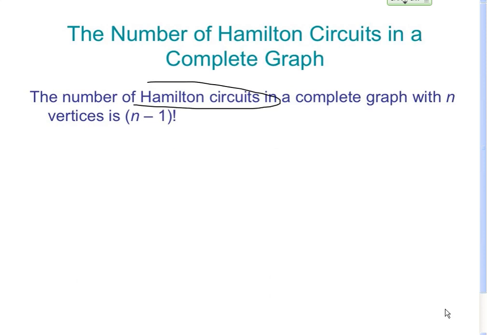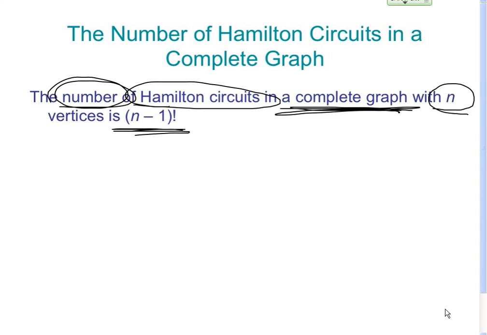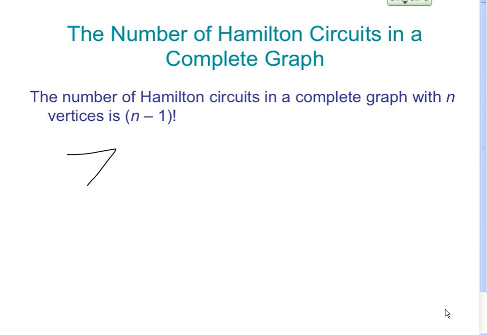The number of Hamilton circuits, if we were to count up the number of Hamilton circuits, as long as we have a complete graph with n vertices, then the number is n minus 1 factorial. So if I've got 7 vertices, the number of Hamilton circuits would be 6 factorial.